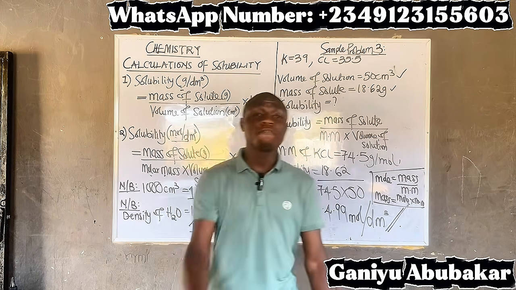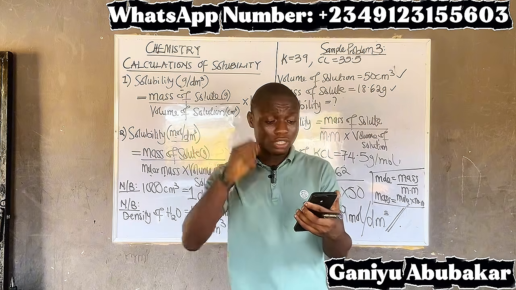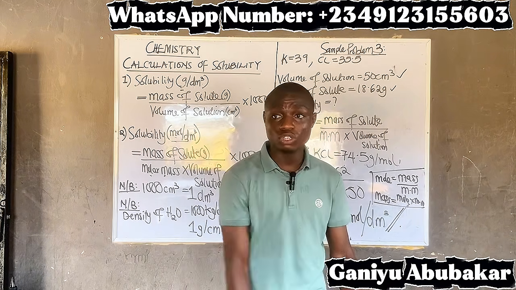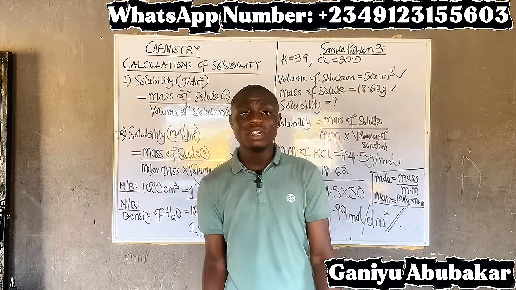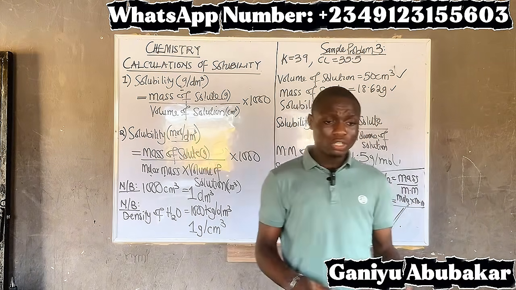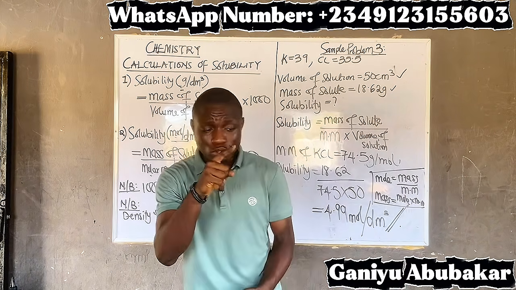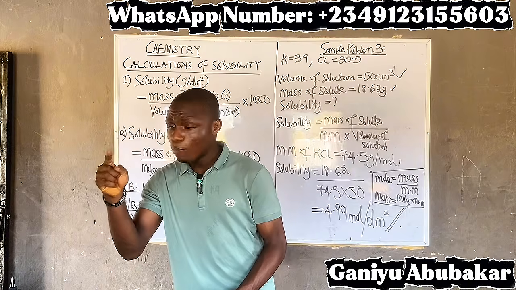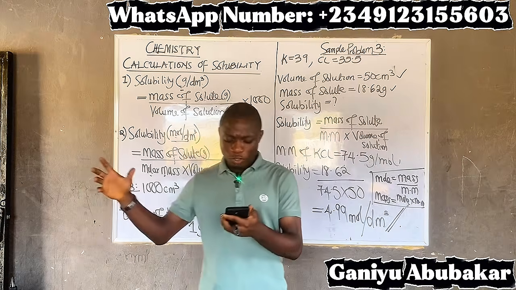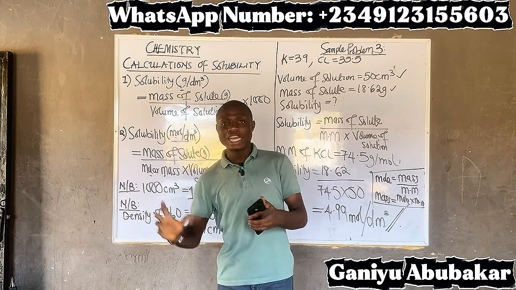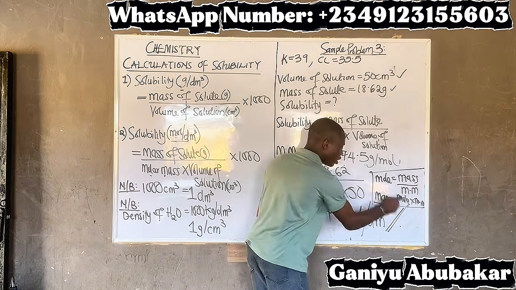Because the first was at 15 degrees Celsius and the second at 100 degrees Celsius, so 100 degrees Celsius comes first before 15 degrees. So the total amount of mole equals 1.96 mole minus 0.5 mole. That will give you 1.46 mole. That's your mole.